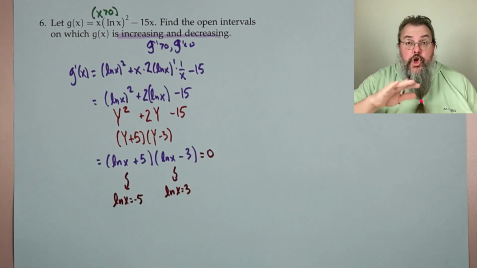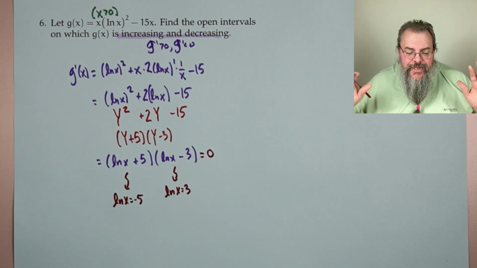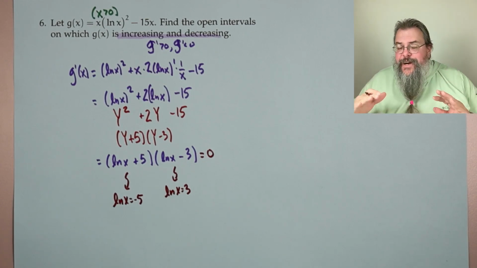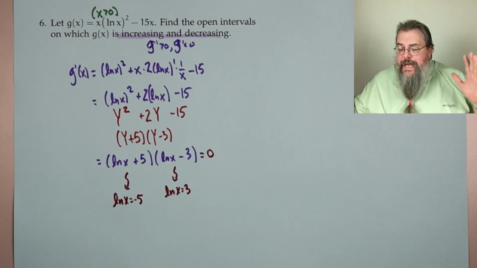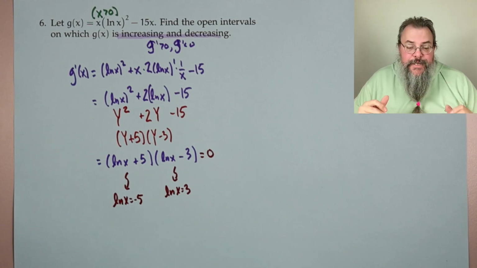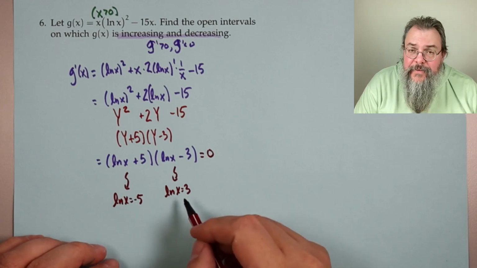Negative input? No. Negative output? Sure. So make sure you understand the rules, right? Logs can have negative outputs. And if you get a negative out of the log, it means you're taking the log of a very tiny number.